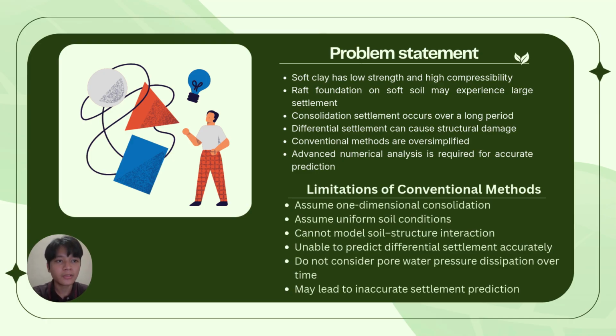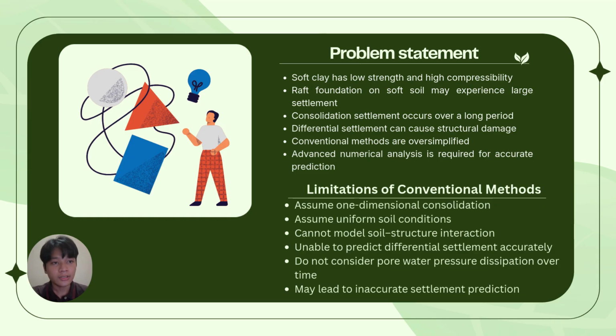There is one conventional method called the Terzaghi one-dimensional consolidation theory, which is oversimplified. So to investigate this in more detail, advanced numerical analysis is required for accurate prediction. So what are the limitations of conventional methods?